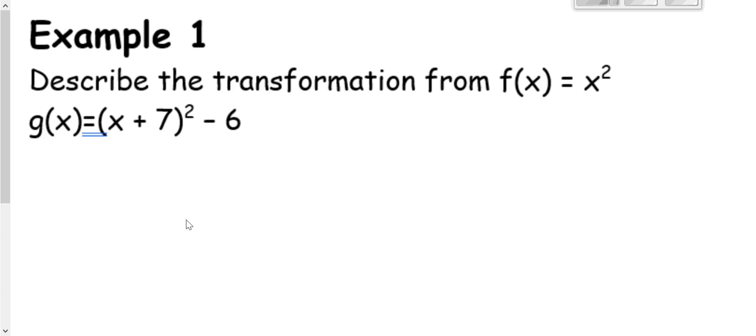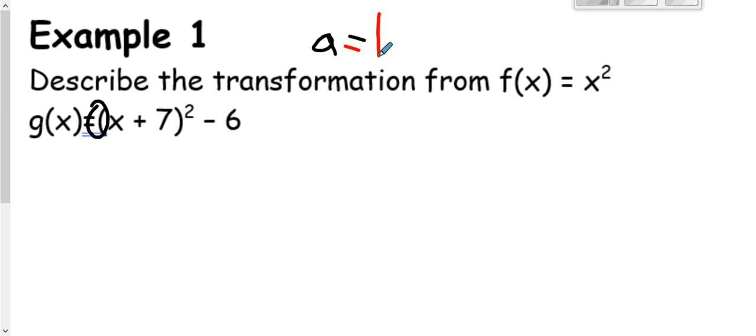So in example 1, it says describe the transformation from f of x equals x squared to g of x equals (x plus 7) squared minus 6. So if we look, always start with your A value. And in this case, do we have an A value? No, in this case, A is going to equal 1.